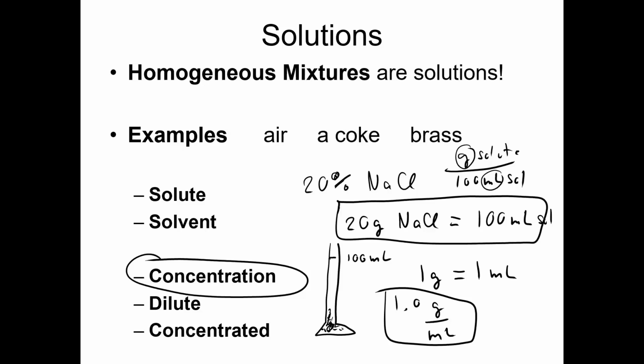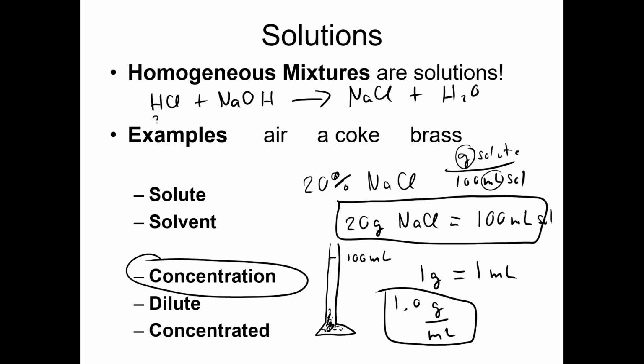So if I had a reaction that's, let's say, hydrochloric acid and sodium hydroxide, that's a neutralization reaction. So I want to perform this reaction, which forms, of course, sodium chloride and water.